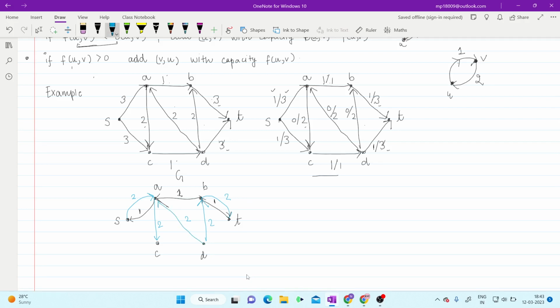Similarly, AC and BD also have flow 0. Therefore we'll only have edges in the same direction, and we don't have an edge in the opposite direction. So AC will be there with capacity 2 and DB will be there with capacity 2.